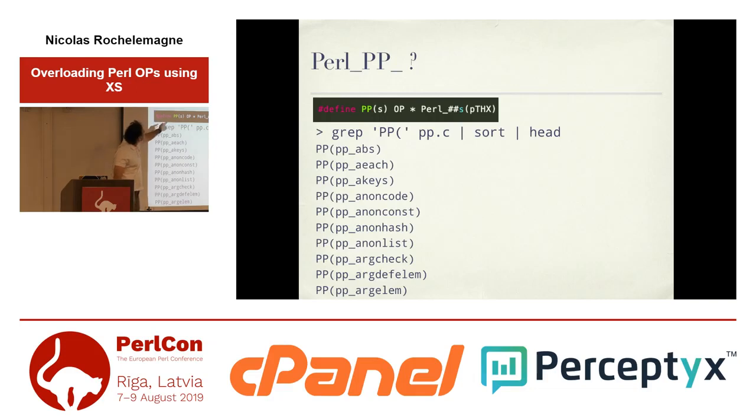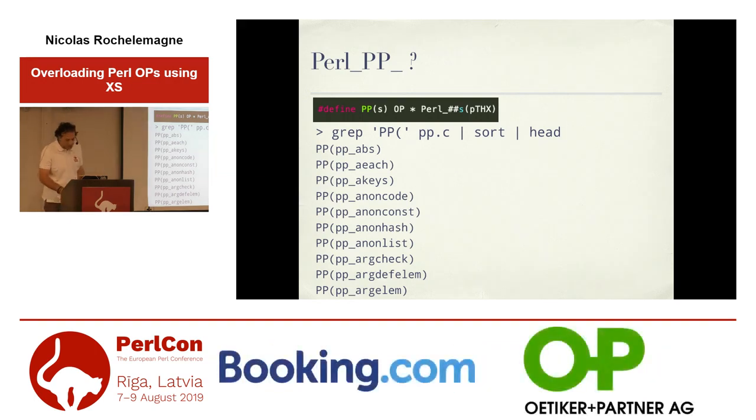One of these macros is PP uppercase that will define your Perl function that's going to return one pointer on one op. And they are all defined like this. So PP, and then it kind of duplicates, but that's how it is, pp_abs. Okay? And that will be the abs function, and so on and so on. So that's how your pp function would look.